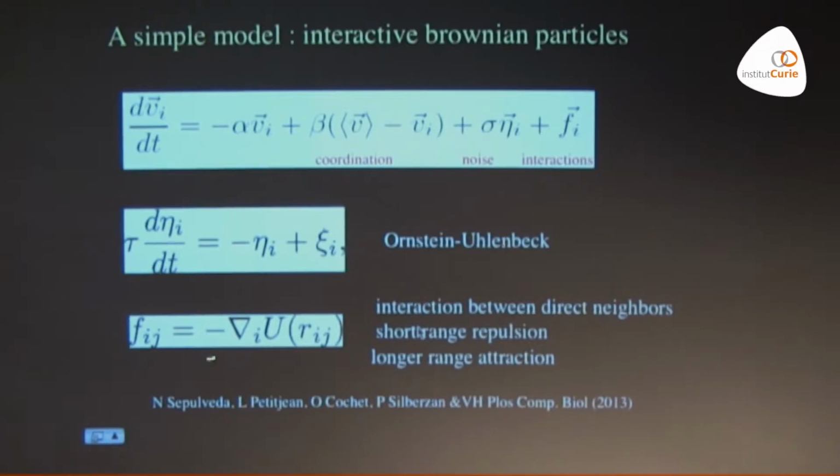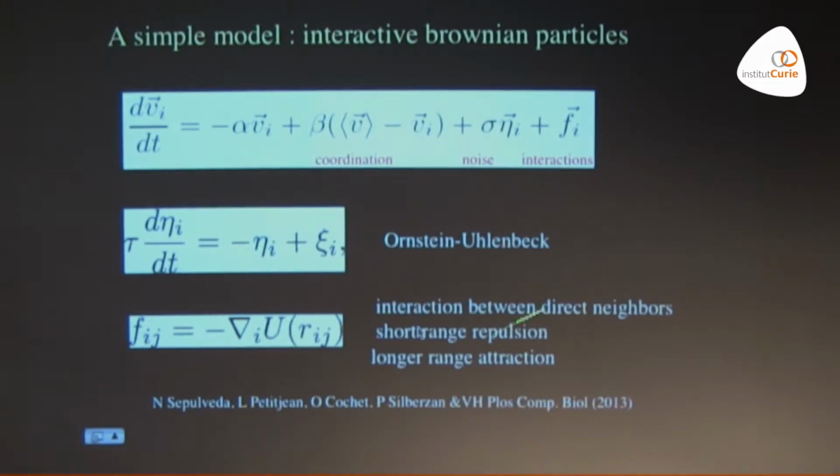And so we try to compare a model like this with data from Pascal. In our version, we also put that the noise is Ornstein-Uhlenbeck, so that we don't have white noise. We don't have things that change immediately. All forces have some persistence. And in this kind of model, since you describe cells as points, you don't want them to overlap.